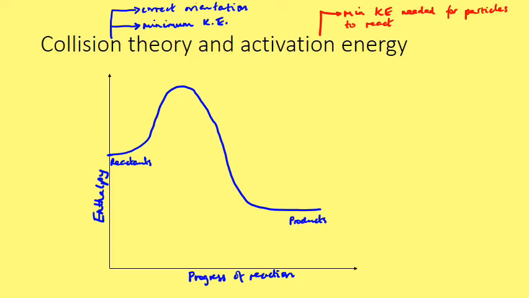And let's explain the curve as we go along. So this is during a reaction. What's happening at this point in the curve here is that the particles are colliding, and the bonds within each particle are being stretched to breaking point. So during a collision, bonds in the reactant particles are being stretched.